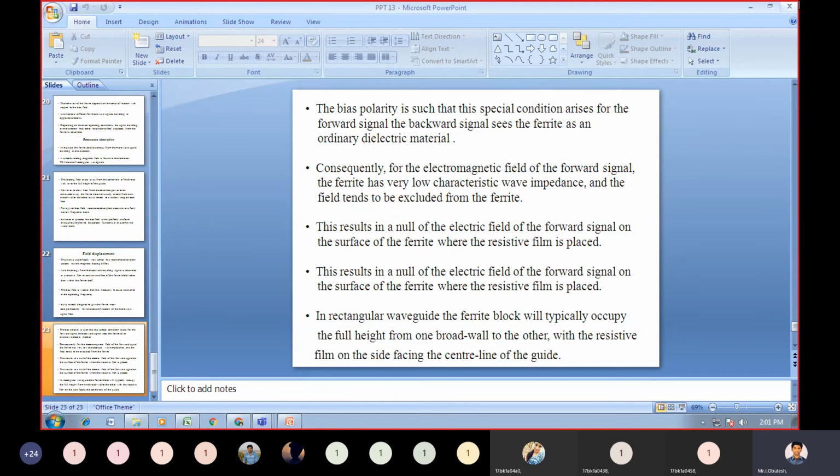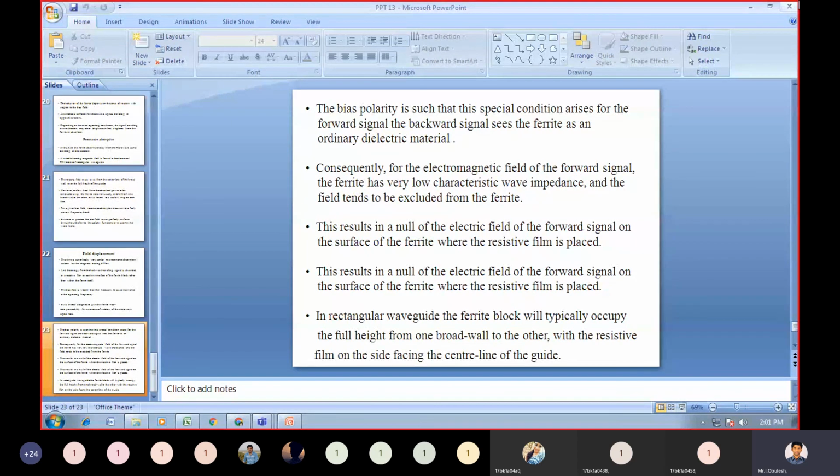The backward signal sees the ferrite as an ordinary dielectric material. Consequently, for the electromagnetic field of the forward signal, the ferrite has very low characteristic wave impedance, and the field tends to be excluded from the ferrite.